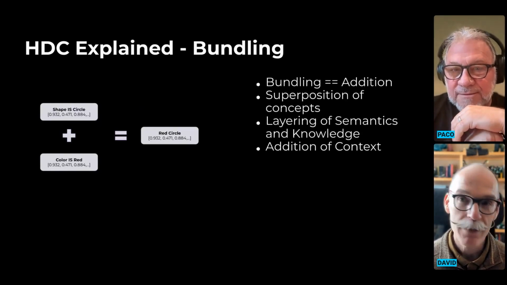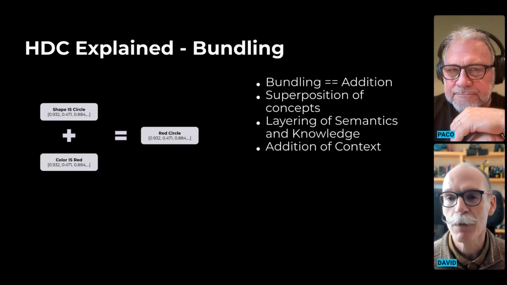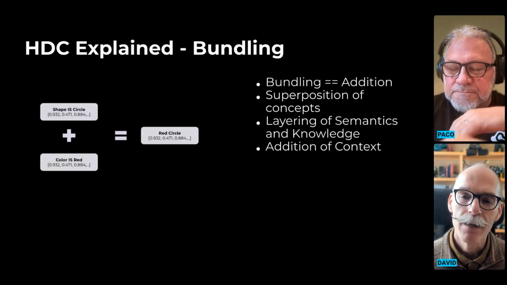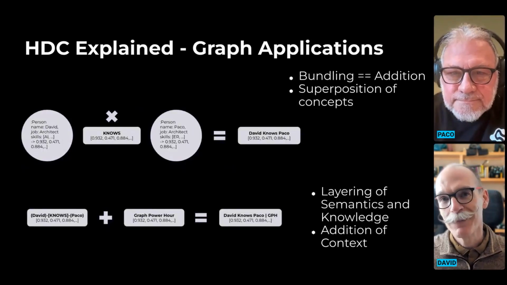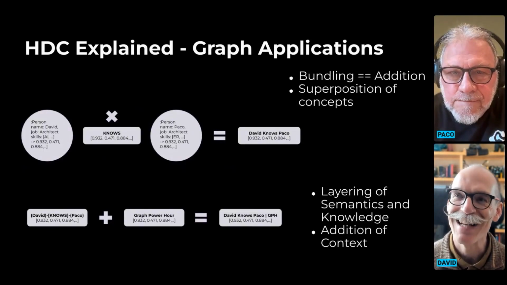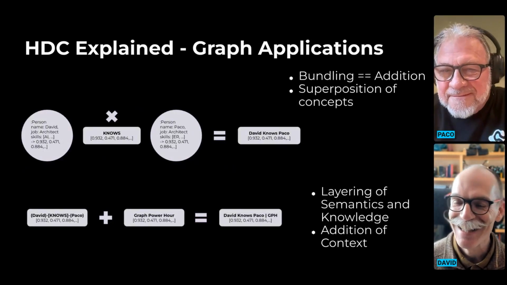And this was about a year ago. And then I started thinking about, well, graph applications, of course, because this is where I've spent the majority of my life in the last more than a decade.